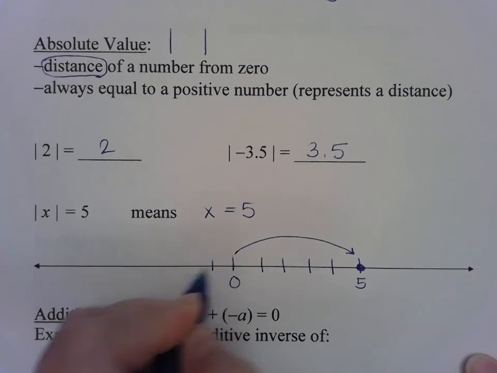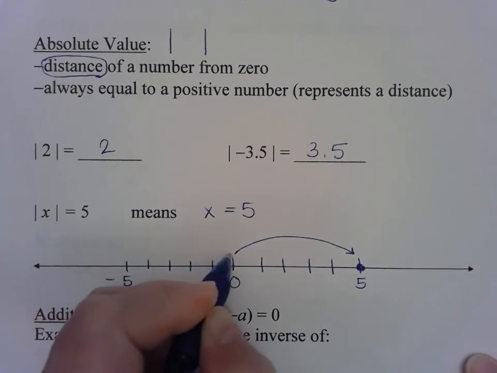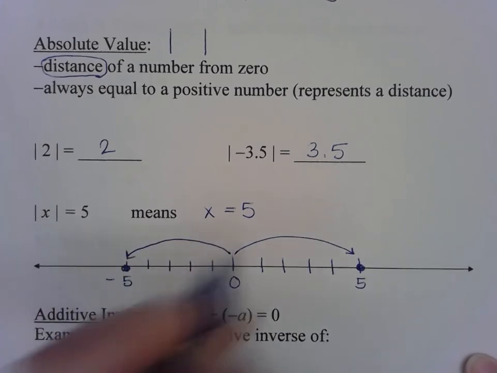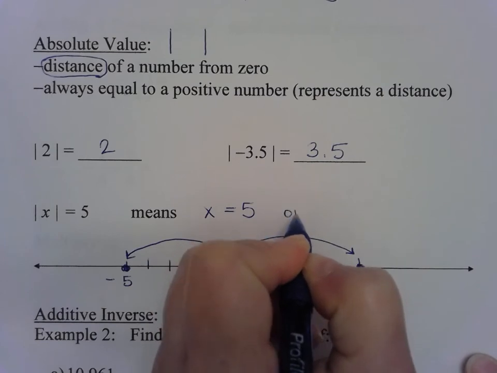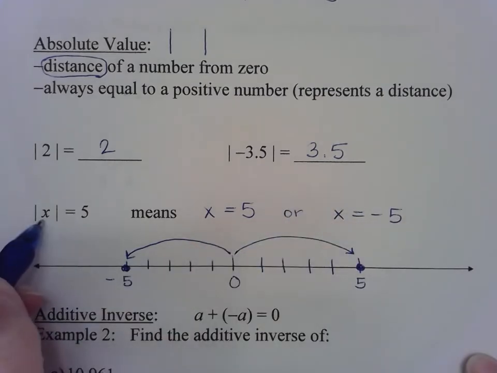Or I could be 5 jumps away on the left, and x could be negative 5. The absolute value of a negative 5 inside here would also give me 5. So I get 2 solutions. We'll take some time to go over that in detail later on in the course.